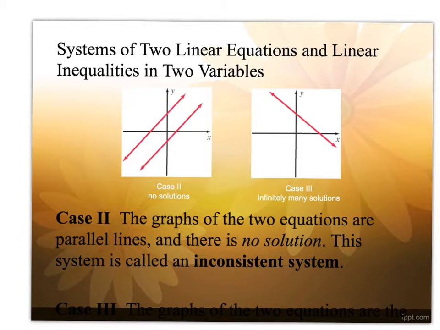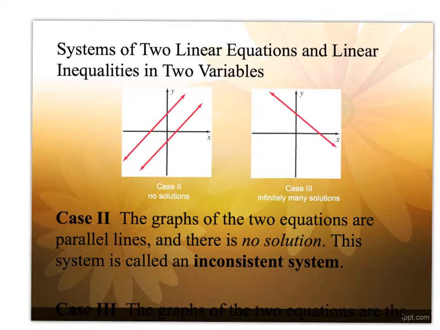And a consistent system can be one in which there is either one solution, because the two lines meet in only one point, or 2, there are infinitely many solutions in which the lines lie on top of one another, and we refer to it as a dependent system of linear equations.